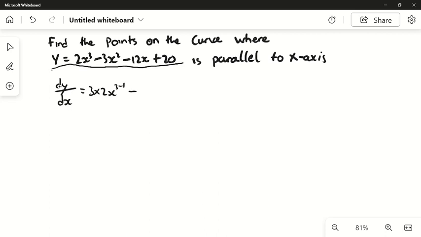Minus the power, 2 times the coefficient 3x squared minus 1. Minus the coefficient, the power here is 1, times 1, so times 1 in brackets.